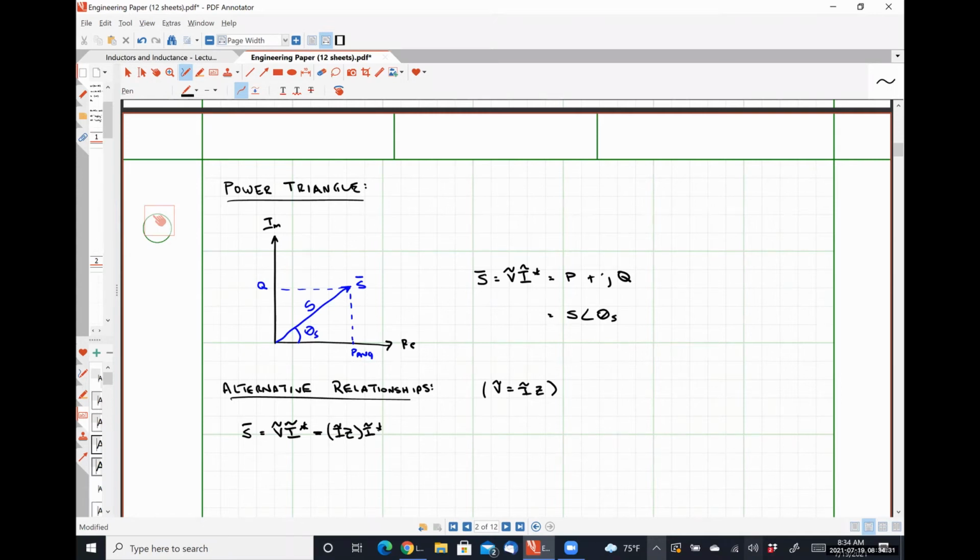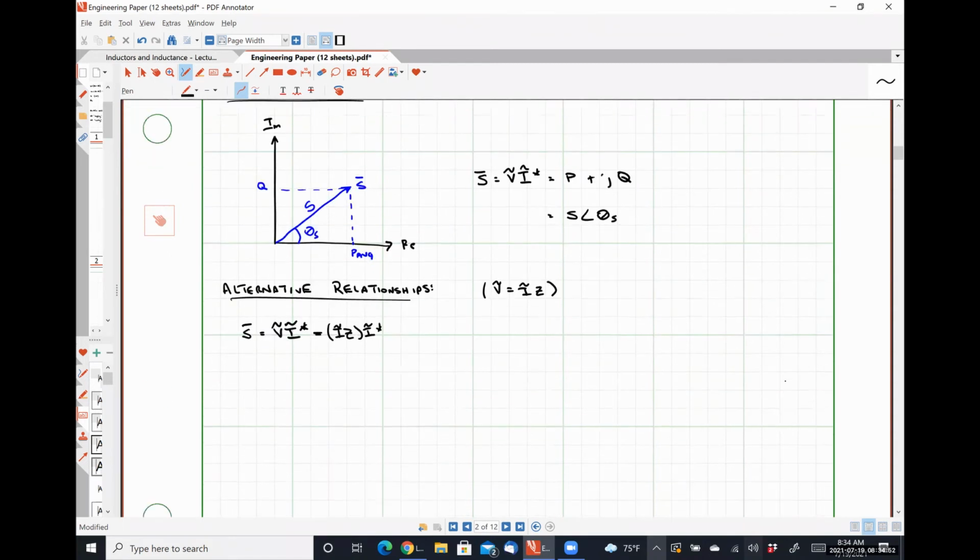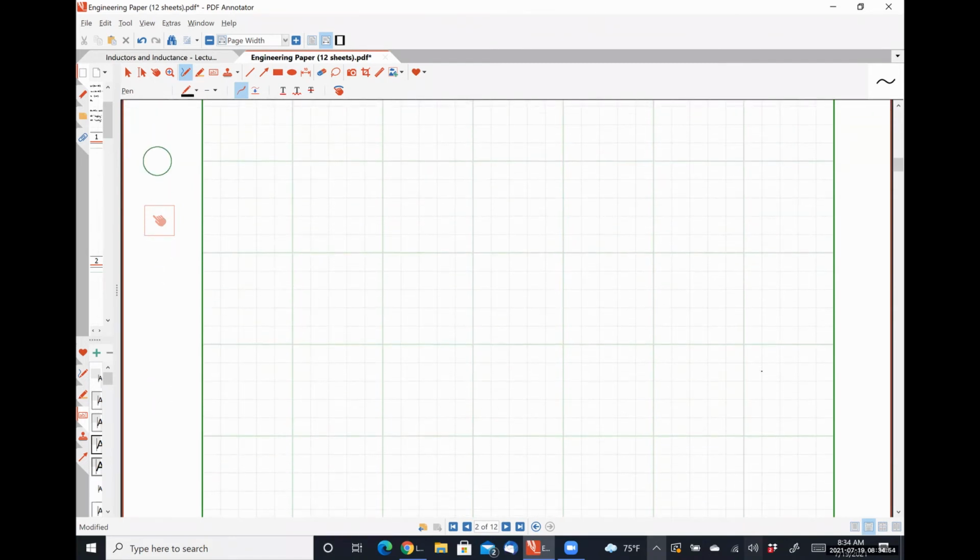Do any of you recall what happens when you multiply a complex number by its conjugate? You guys are kind of close-ish, but not spot on. So I'm going to do it down here real quick.